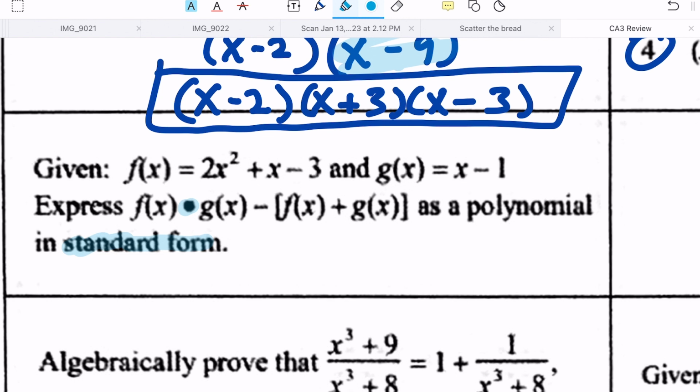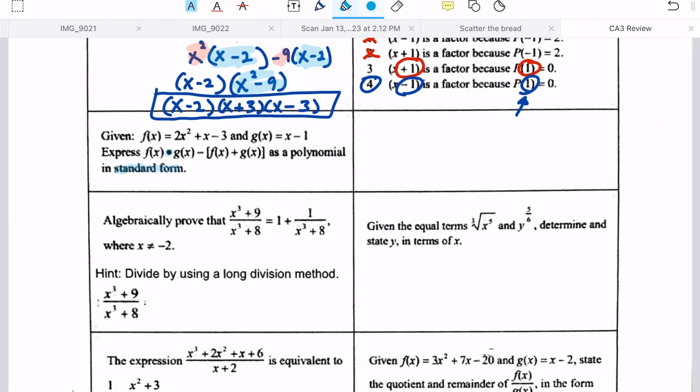So this is going to be quite involved. We're going to have to multiply f of x times g of x, and then add f of x and g of x and subtract that from the product of f of x and g of x.